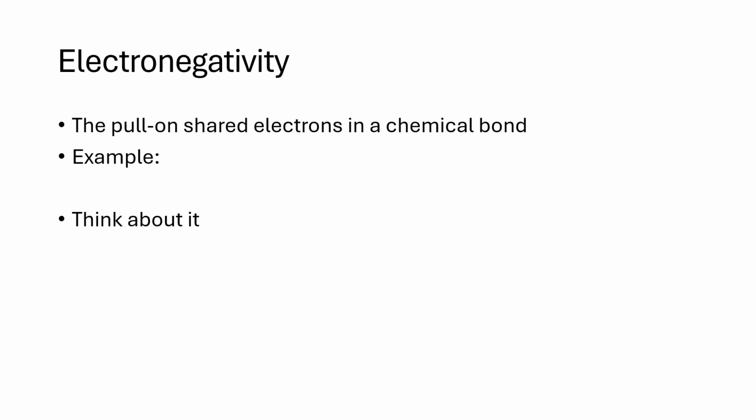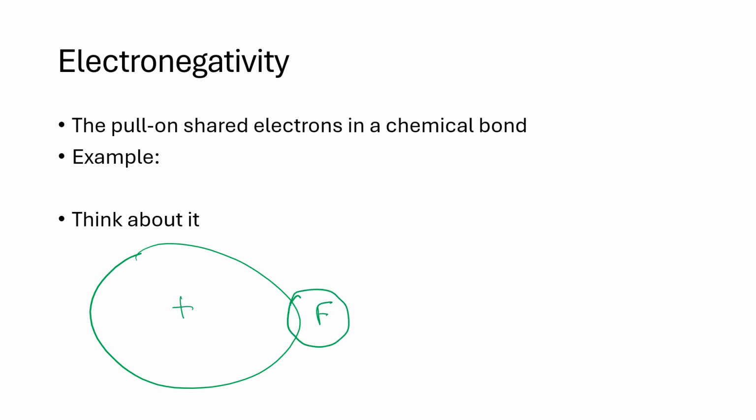Now, electronegativity is different. It's the pull on shared electrons in a chemical bond. Let's think about it. We have francium, largest, and fluorine, smallest, and there's electrons right there.